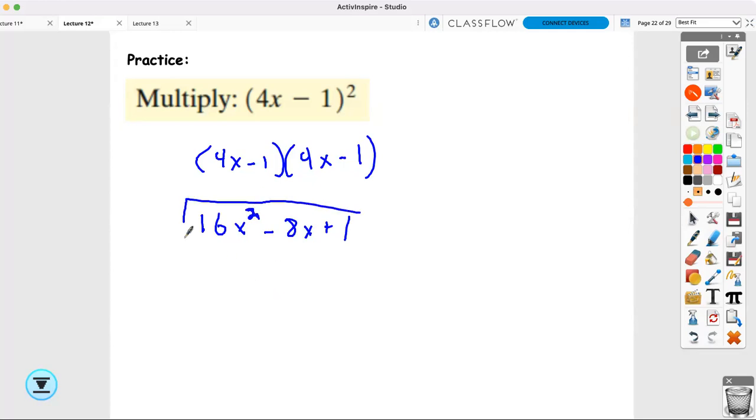If you got 16x squared minus 8x plus 1, you are correct. Are there any questions so far on what we did on this practice problem, guys? Any questions at all? All right, let's go and move on.